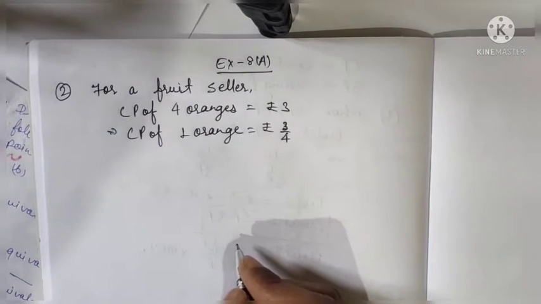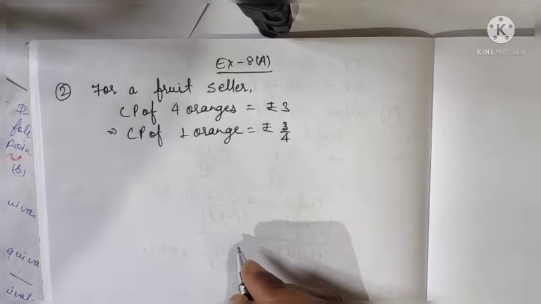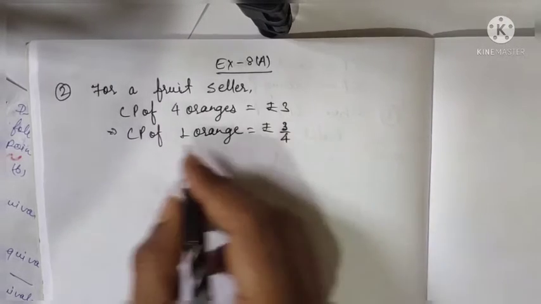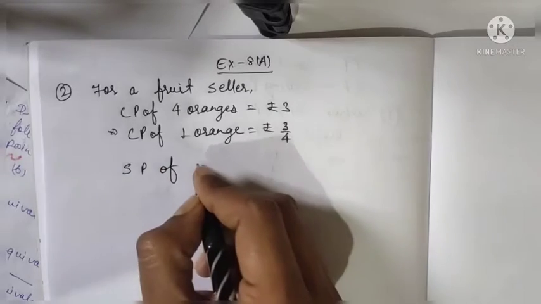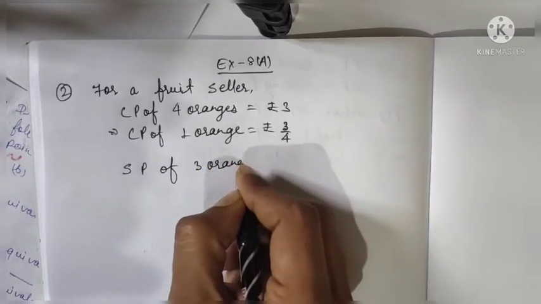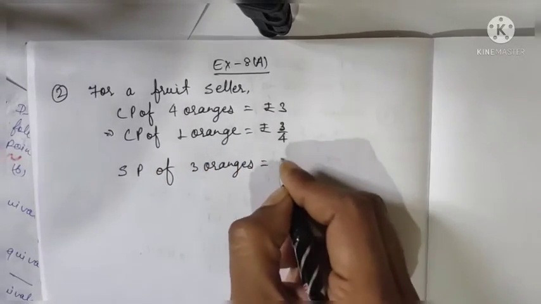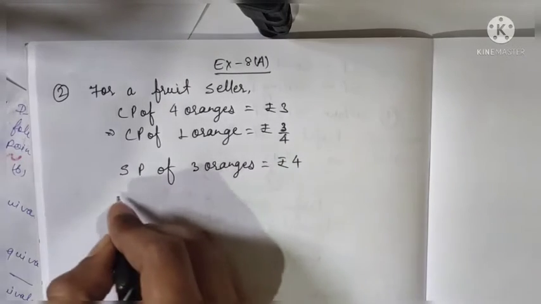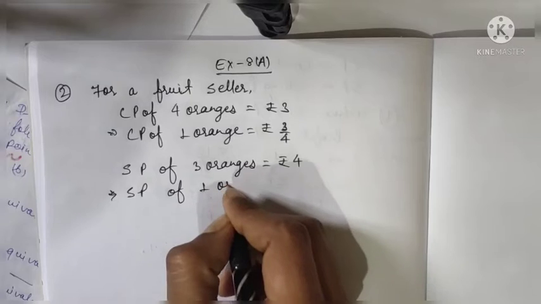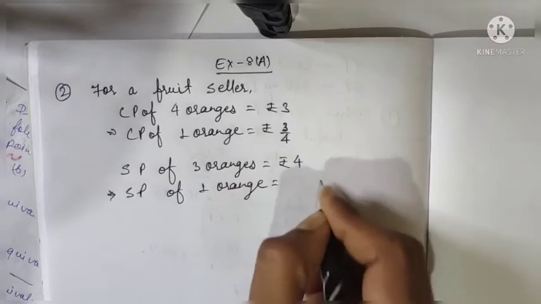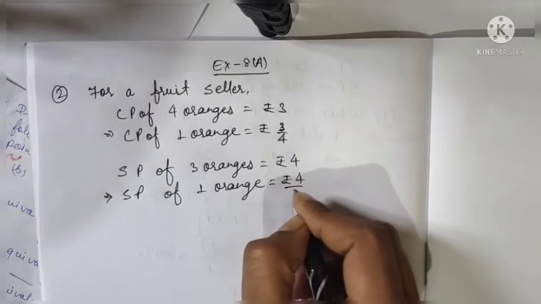Okay. Now the next part of the question tells us that he sells them at ₹4 for 3, means SP of 3 oranges is equal to ₹4. That implies SP of 1 orange is equal to rupees 4 by 3.